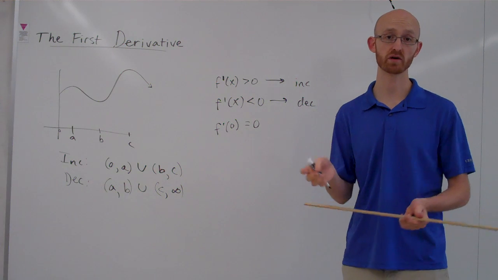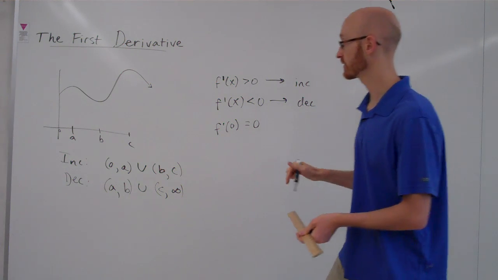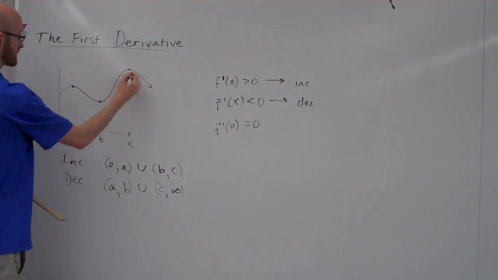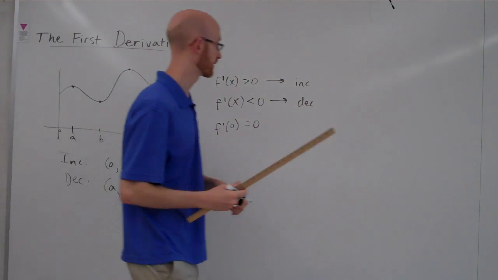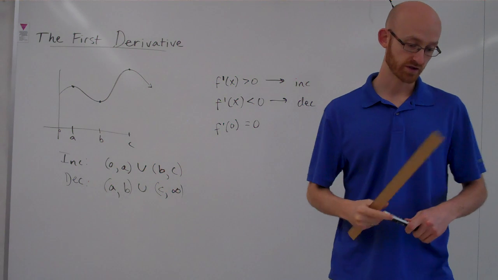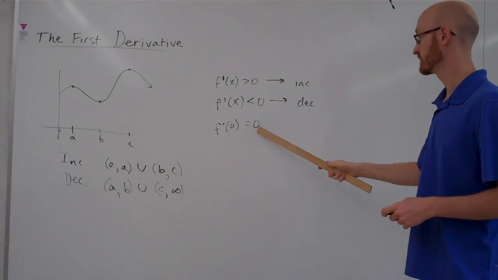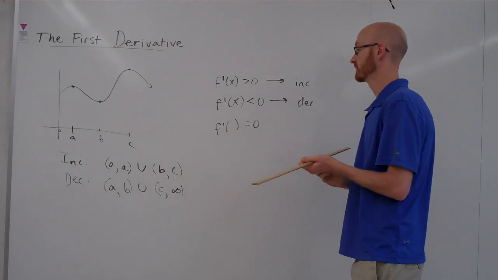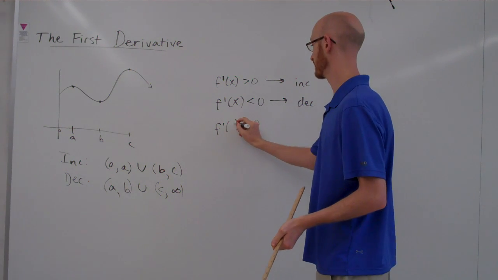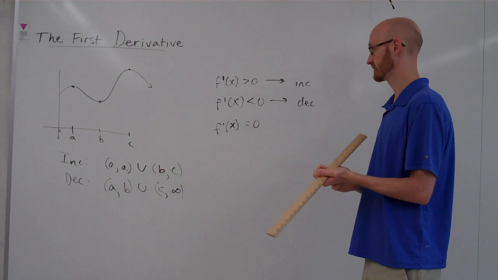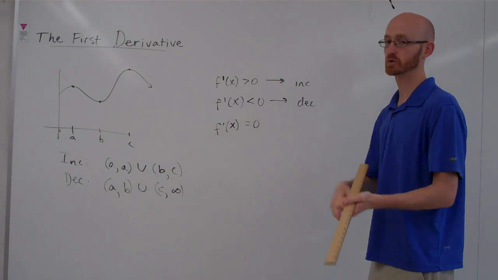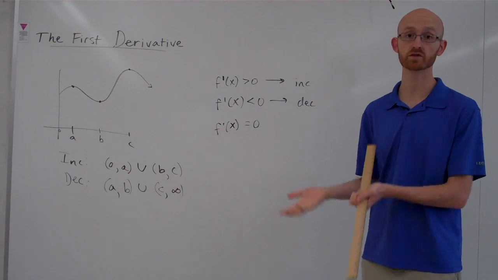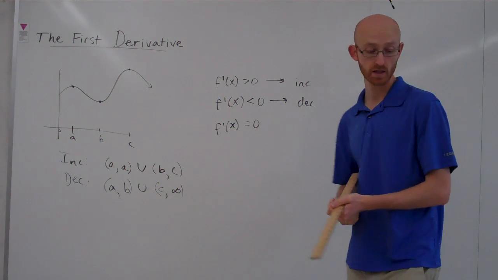Think about it as sort of a pivot point, right? And you can see that those pivot points would happen at a, at b, and at c, which is obviously why I chose to label them. Oh, sorry, I made a little mistake there. This should say f prime of x equals 0, any x spot where the derivative is 0. We're not going to classify it. We're going to say it's neither increasing nor decreasing.